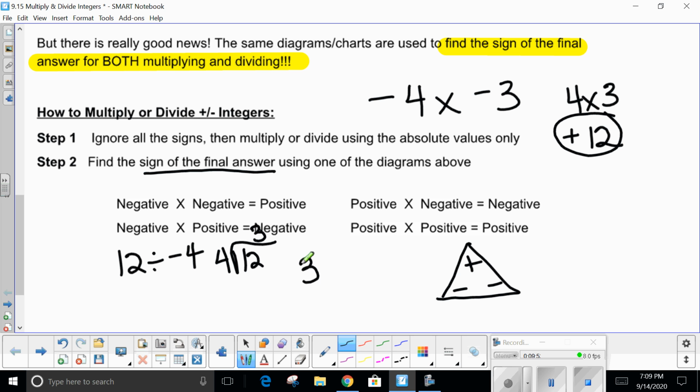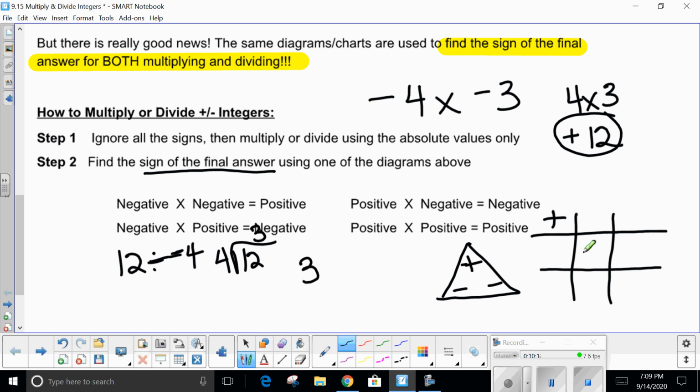But is the answer positive or negative? Well, let's go back to the signs of our two numbers. We have positive 12 and we have negative 4. So we come over to whatever diagram you want to use. For instance, let's use the tic-tac-toe board this time so you can see that it works this way every time.